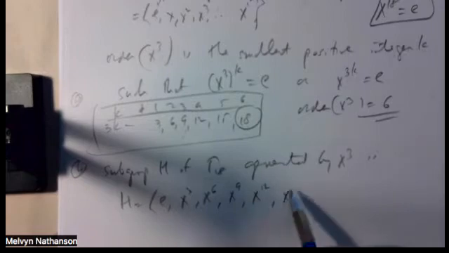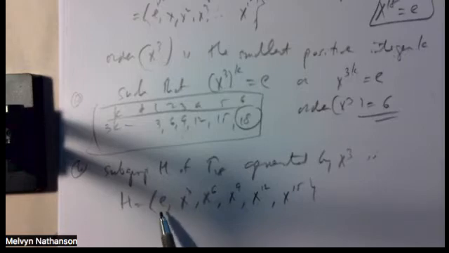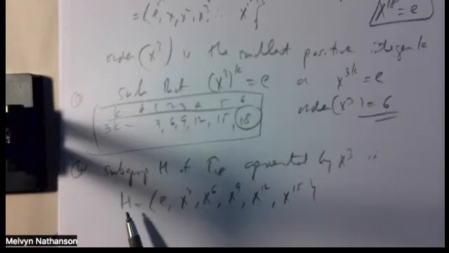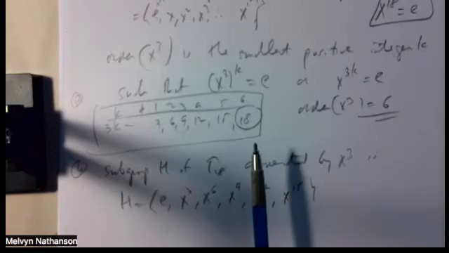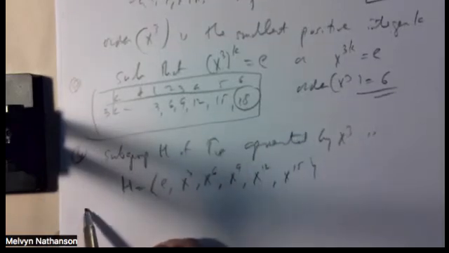X to the 12th, x to the 15th, and x to the 18th is the identity. We have exactly 1, 2, 3, 4, 5, 6. These are the 6 elements in the subgroup H. So this is the subgroup of gamma 18 generated by x cubed.